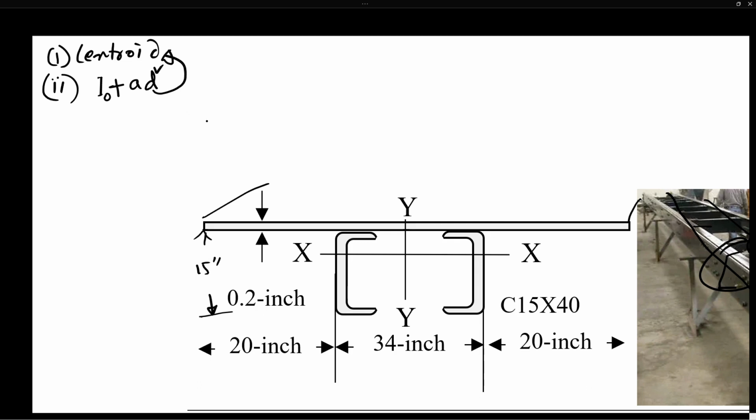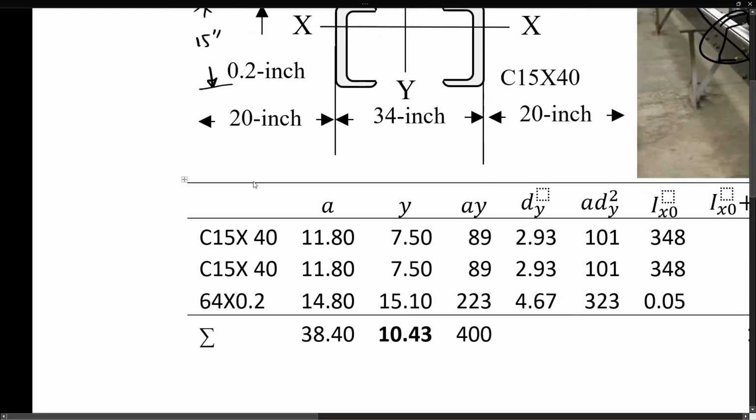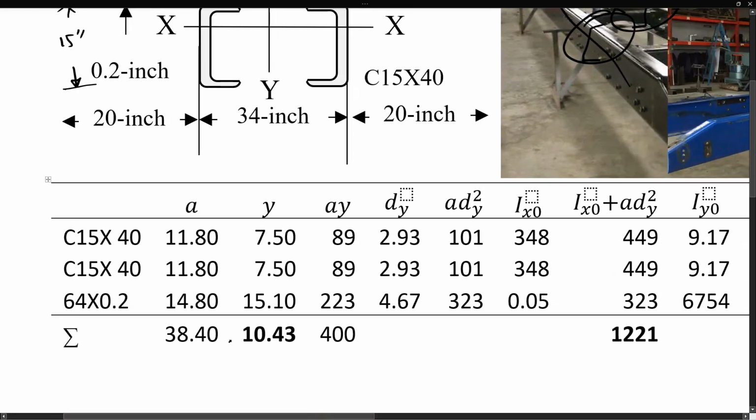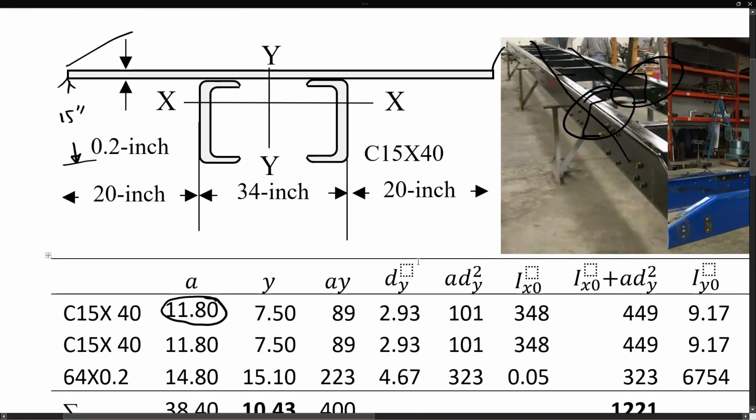Then, remember we developed a table to calculate the area and the centroid. From the table I extracted the area for the C channel, which is 11.8, and the Y, because this is 15, is half of that. So here is our reference axis.